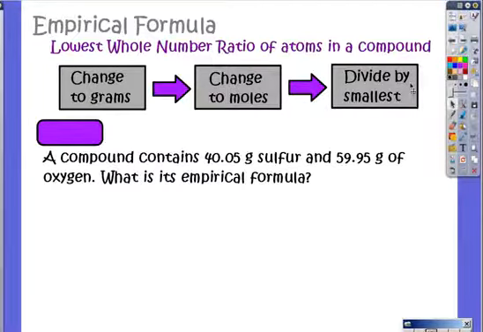In this case, though, notice that it's starting in grams. So what should I do about that? Do I need to change grams into grams? No. I'm just going to figure that this step is already done and move on to the next one. Change it to moles. Why don't you start here? Change things to moles, divide by the smallest, pause the video, and then we'll compare notes.